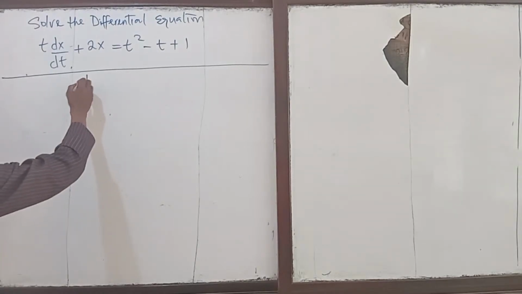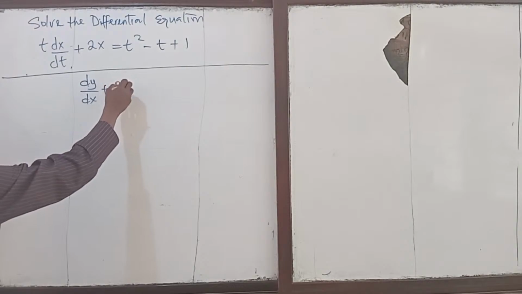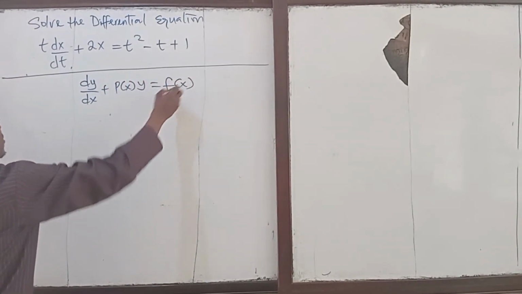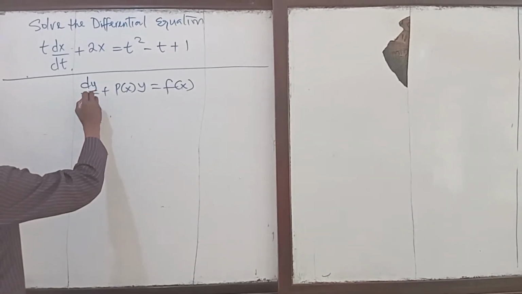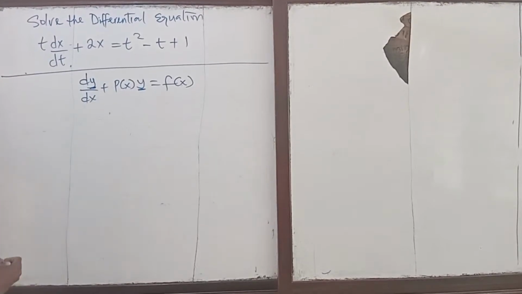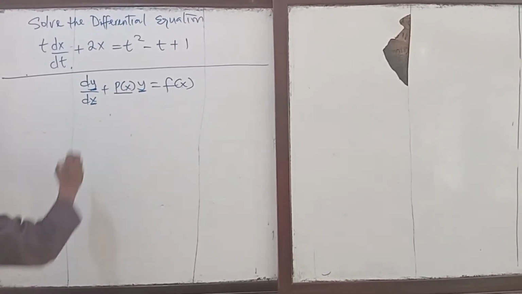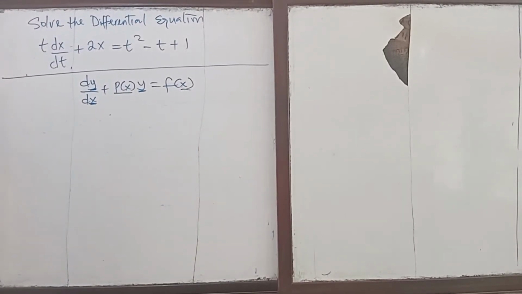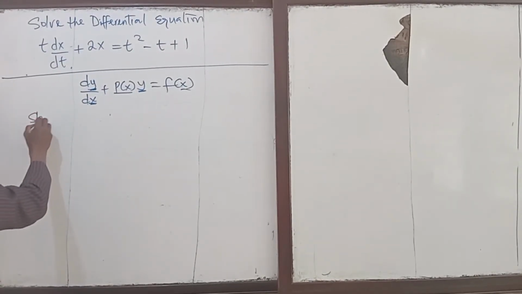We said the format is dy/dx plus P of x y equal to F of x. If you check very well, the function you have here is the same function here, and likewise, the function here is the one here. So we're going to use that to solve this one.